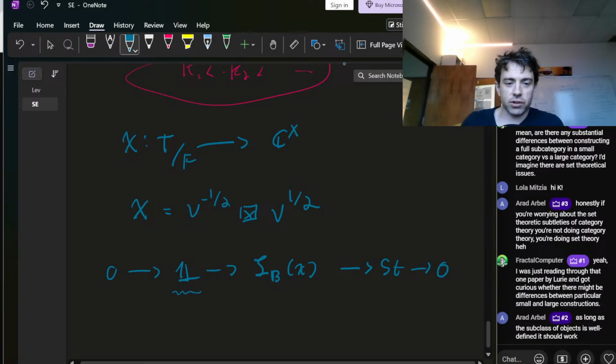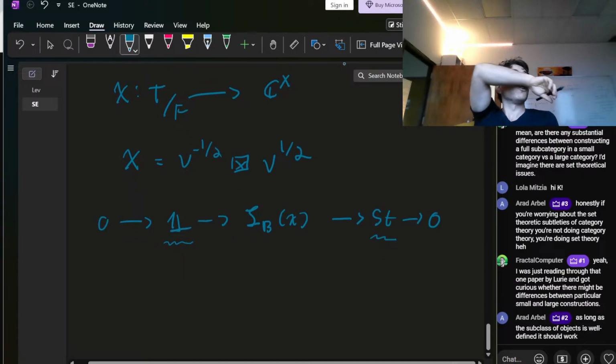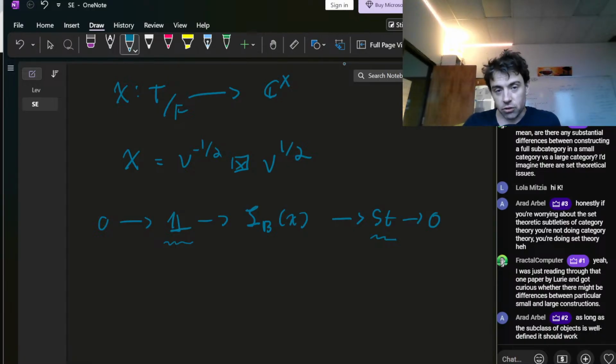The trivial representation is a sub-representation, and when you quotient by that, you get this infinite dimensional irreducible representation called the Steinberg representation.